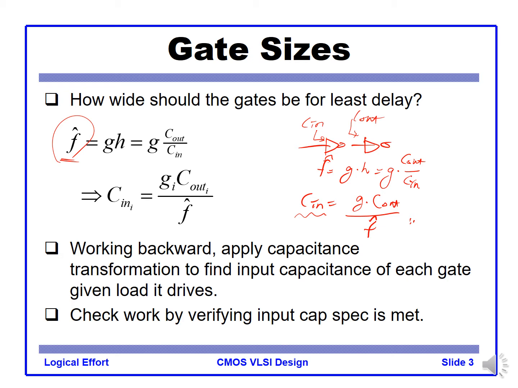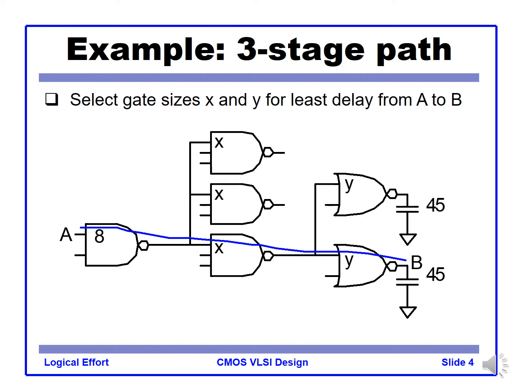Let's see how we will calculate. So in the next example, we are dealing with this kind of logic. The input capacitance is 8, and our final load capacitance is 45. Then how do we size x and y?